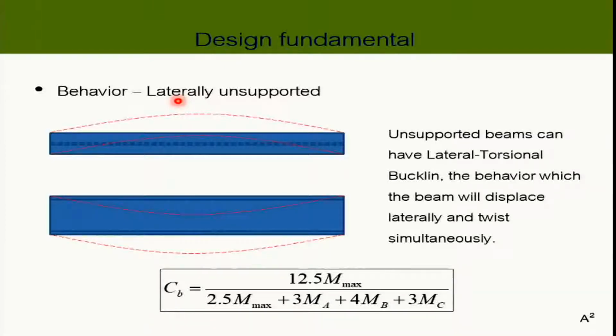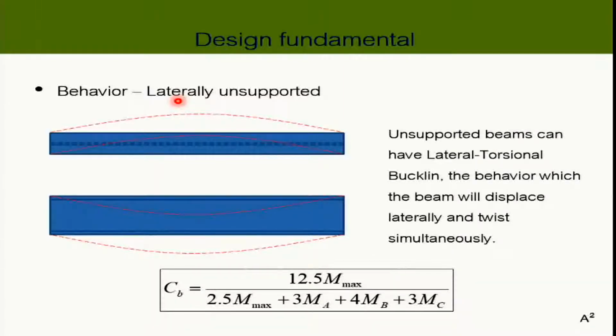But when you have, say, a long unbraced length, your beam may suffer lateral torsional buckling before it can reach MP. If the moment is constant, it's going to suffer very easily.